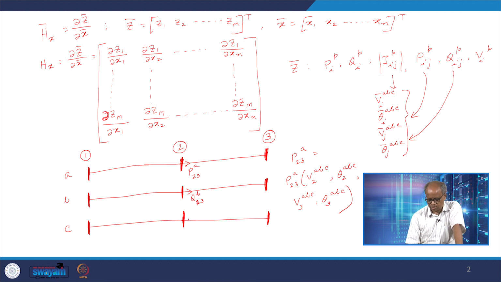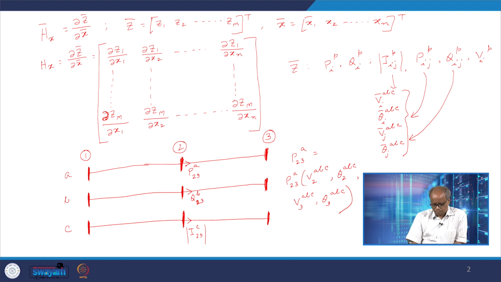And suppose I measure the magnitude of I23C here. So, I have these 3 meters. The first meter is measuring P23A, the second meter is measuring Q23B, the third meter is measuring the magnitude of I23C. So, this will also be a function of only V2ABC, theta 2ABC, V3ABC and theta 3ABC, correct.